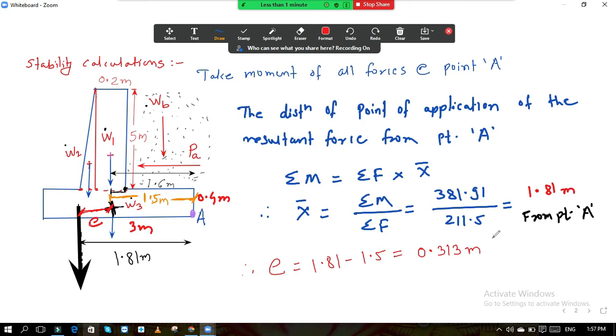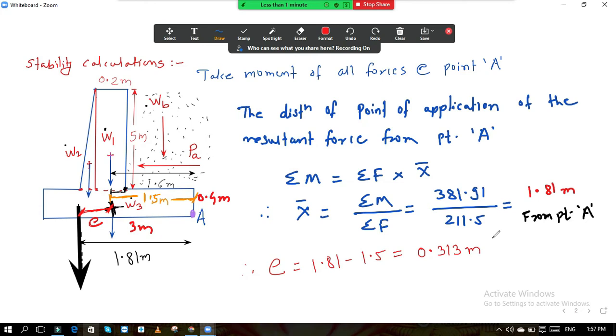In that zone, if the force is acting, then only positive stress will develop, that is the compressive stress. No tensile stress will develop.